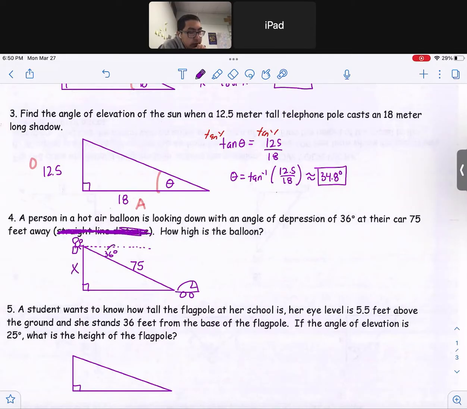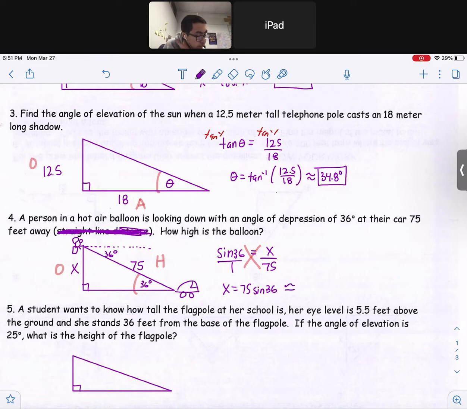Remember, the angle of depression is also the same as the angle of elevation. So from the perspective of this angle, this is definitely using sine. So sine of 36 equals opposite over hypotenuse. Cross multiply, x equals 75 sine of 36.